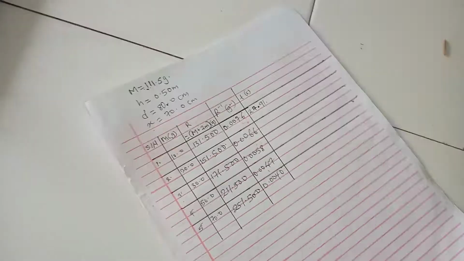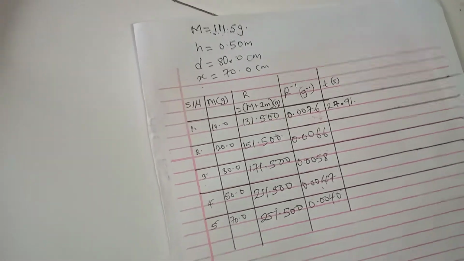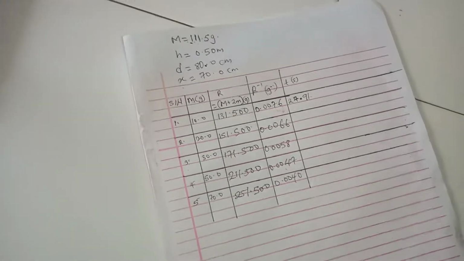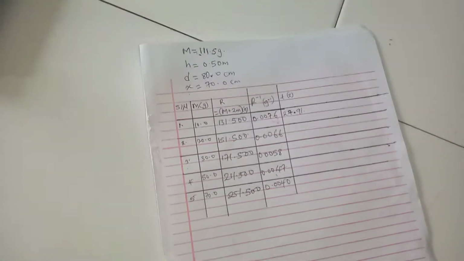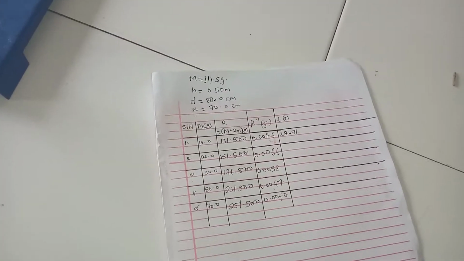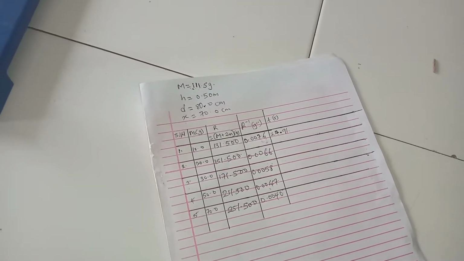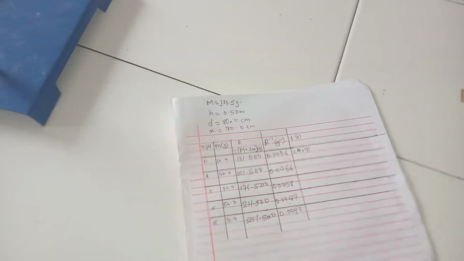So my time recorded is 27.91. Now you may want to do this by taking two times, T1 and T2, and taking the average. If you do that, you are going to get better accuracy.